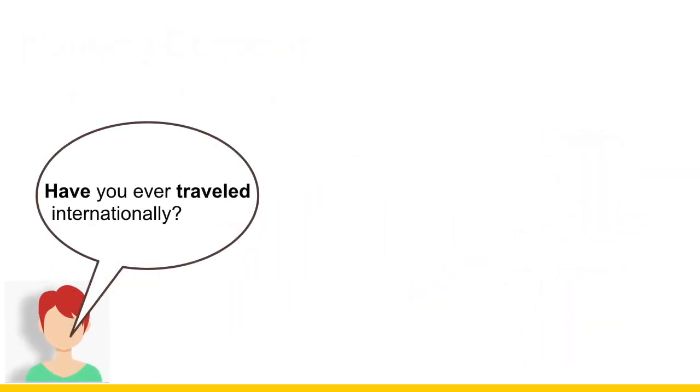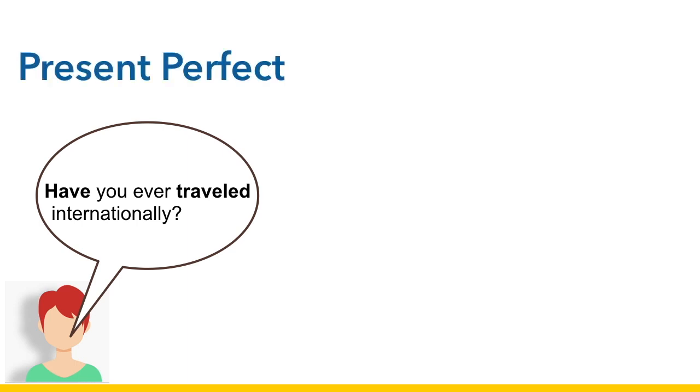One of the members asks Rachel, "Have you ever traveled internationally?" Which verb tense is this? The past simple or the present perfect? You know it's the present perfect because you see have and a past participle, traveled. Why does she use the present perfect here?